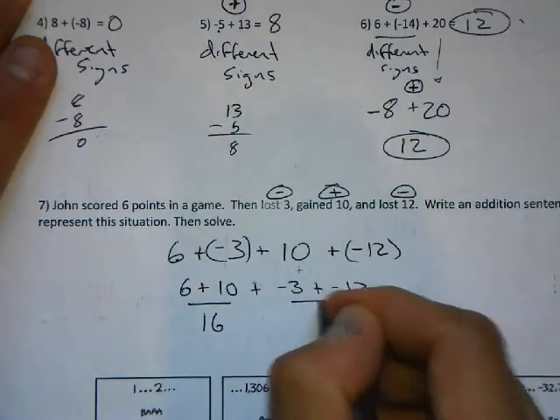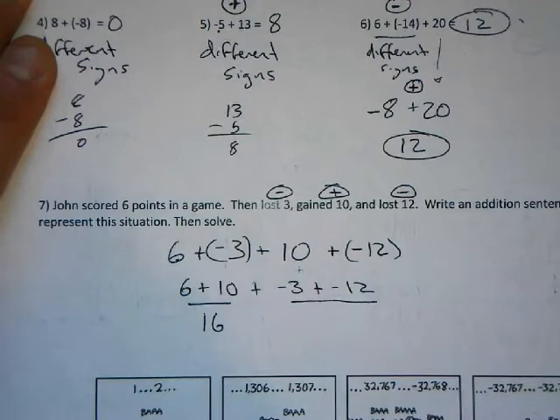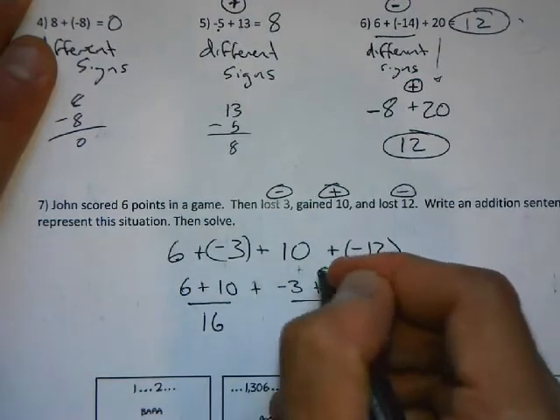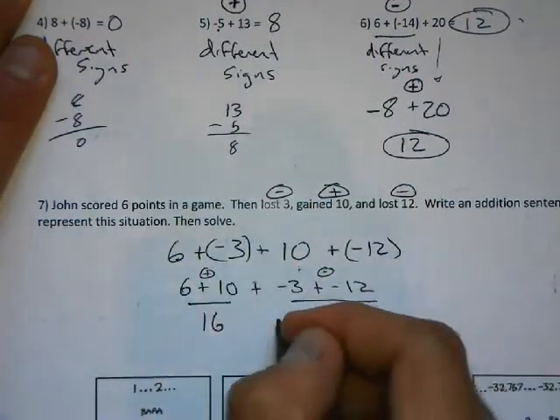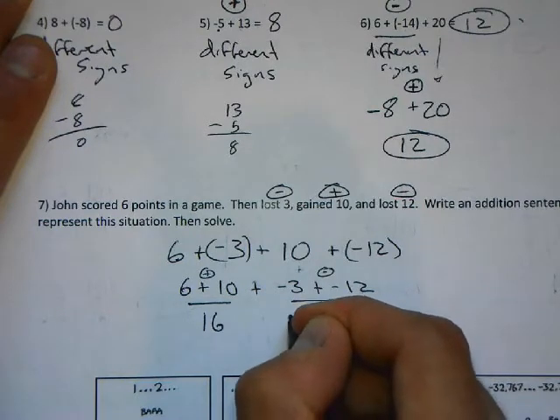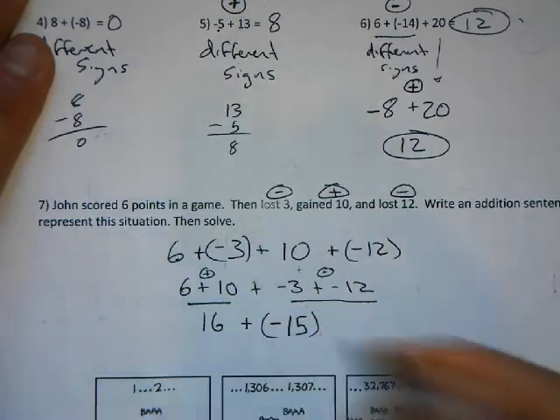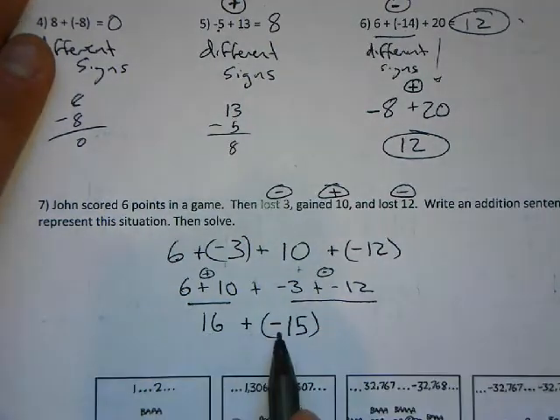And over here, negative 3 plus negative 12, they have the same sign, so they're both negative. Negative 3 plus negative 12 means I'm thinking 3 plus 12, which is 15, but it's negative. Okay? And now 16 plus negative 15, these have different signs.